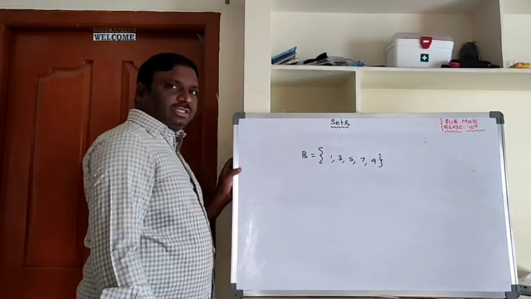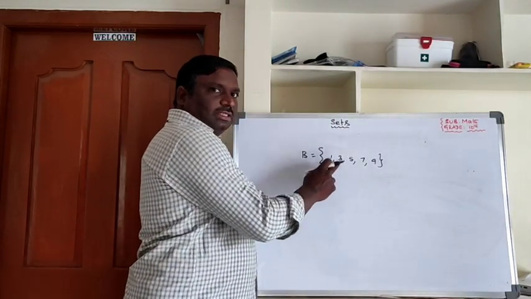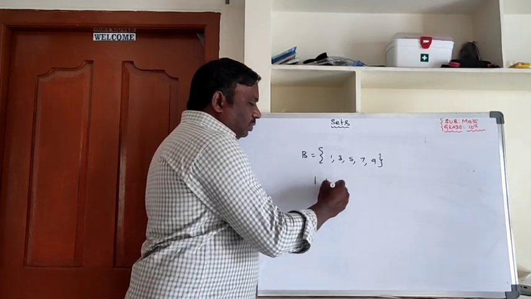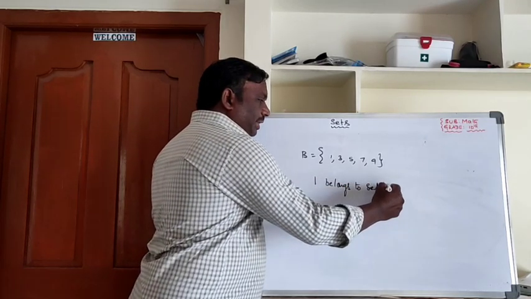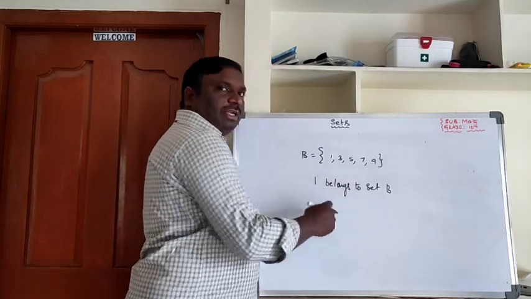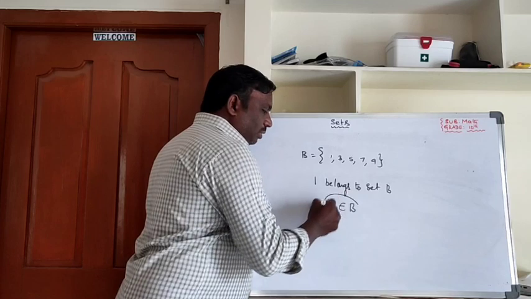These are odd natural numbers less than 10. Suppose an element is there in the set, then you can say that 1 belongs to set B.